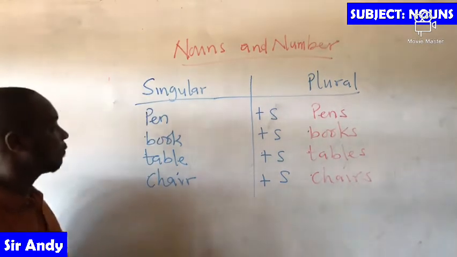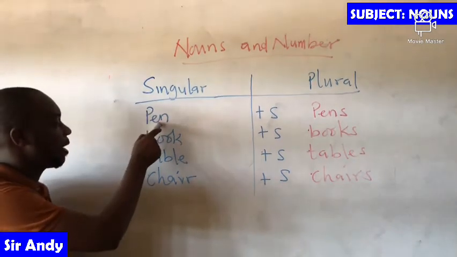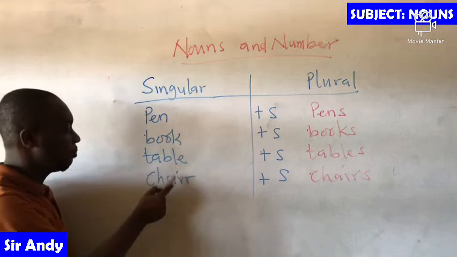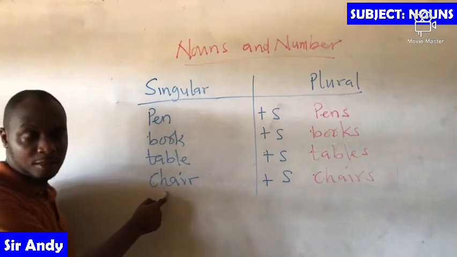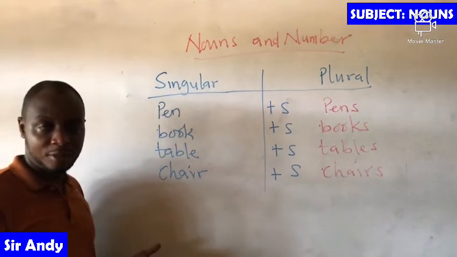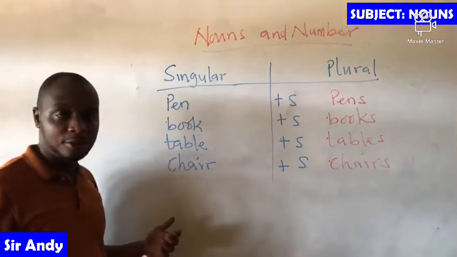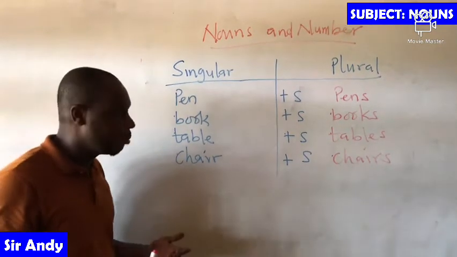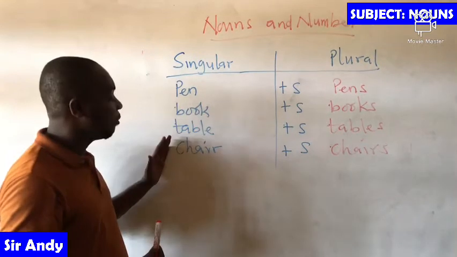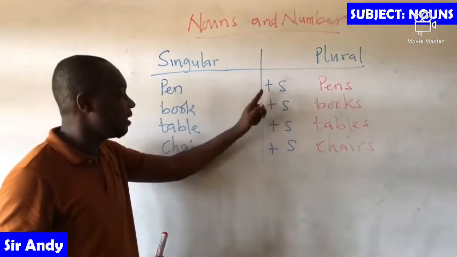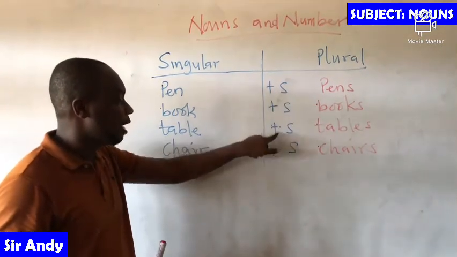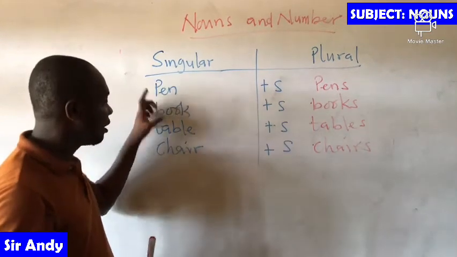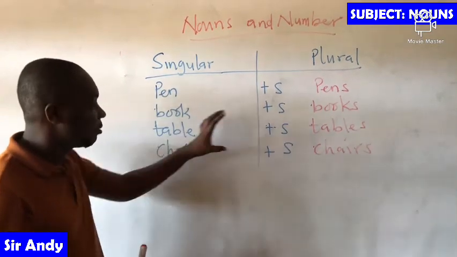So we have words like pen, book, table, chair, and so many of them, right? Pencil, and so many of them. These are some of the words when you add the suffix s to them, they are then changed from their singular states to their plural form.